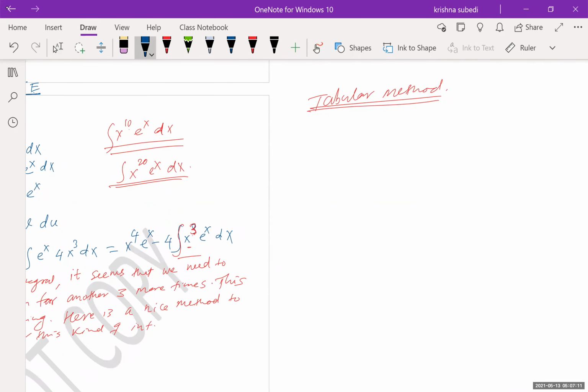In the tabular method, what you do is you make a table. I'll write the sign here, and here I'll write u, and remember for u what we did is we found the derivative of u, right? Derivative. And here I'll write dv, which means integration.